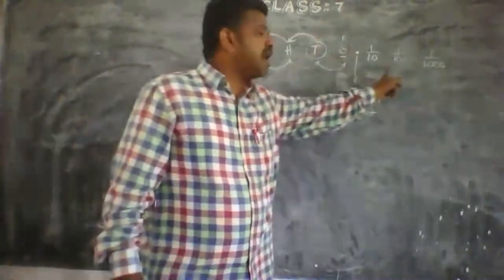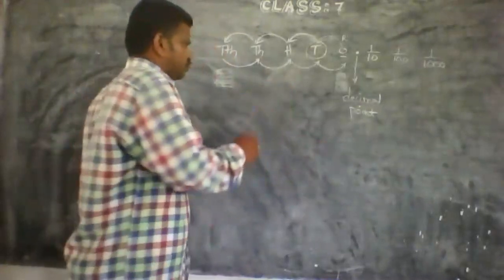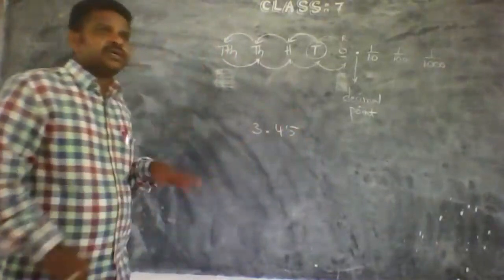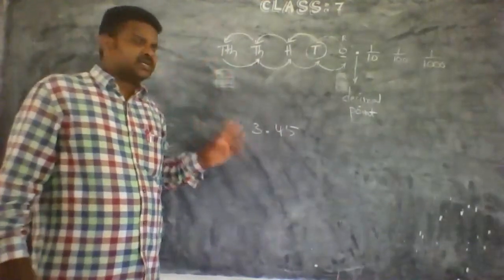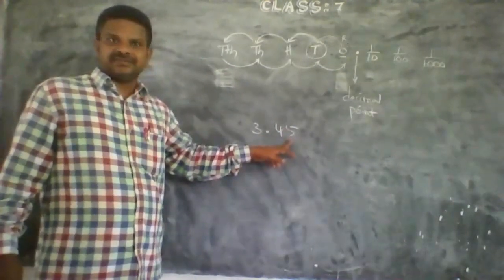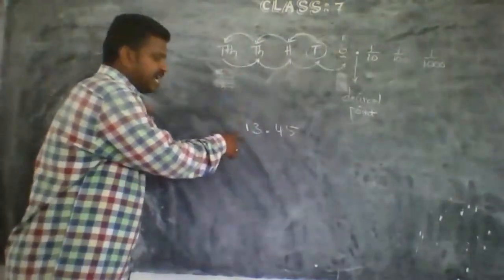The decimal part should not be read together with the whole number. For example, reading 3.45 as three hundred forty-five is wrong, a blunder. It is read 3 point 4 5. Why?